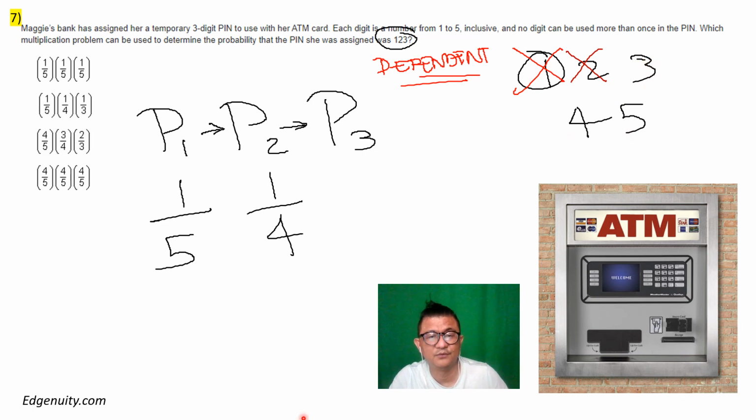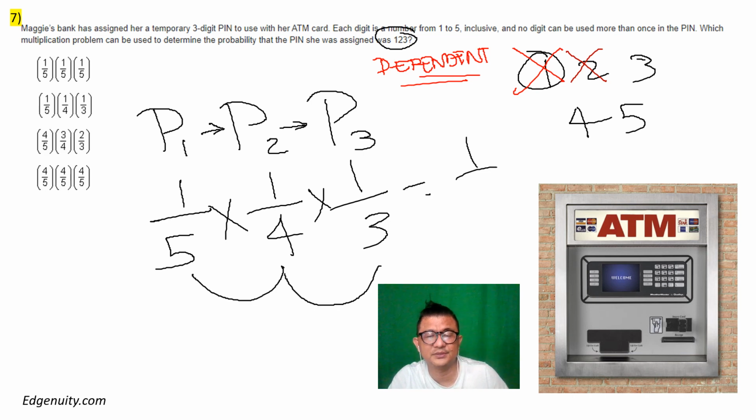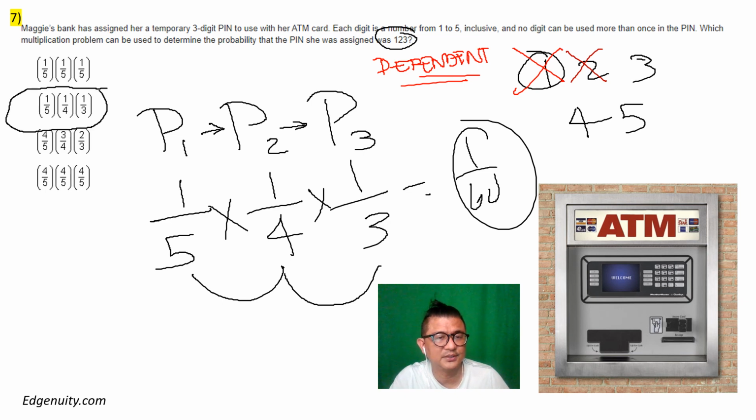So we only have 1 three out of 3 possible choices. So I multiply them. That's going to be 1 out of 5 times 4 is 20. 20 times 3 is 60. But you don't need to get the answer. You just need to find which expression that would be. This one. Okay, got it?